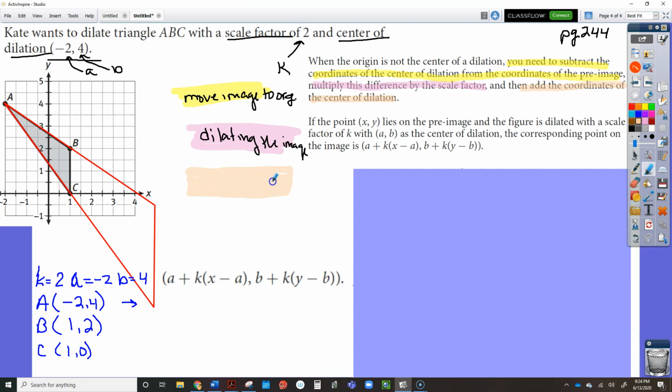Then we're simply moving our new dilated image back to the center of dilation.